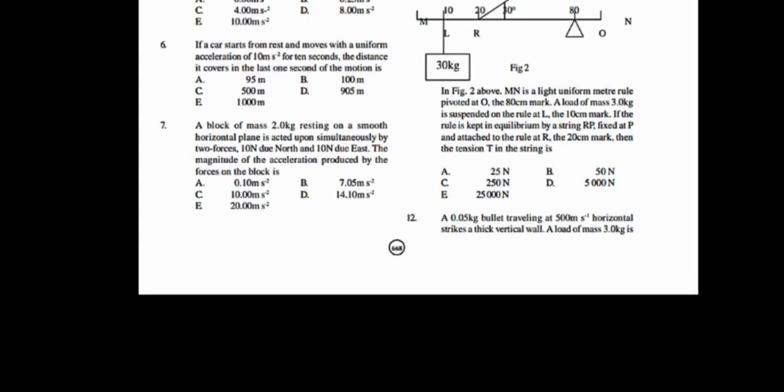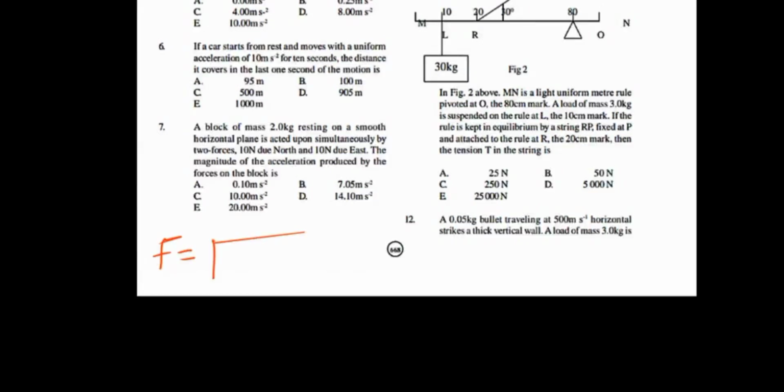Yes. So now the question also says that a block of mass 2 kg resting on a smooth horizontal surface is acted on by this force. The magnitude of the acceleration produced by the force on the block is what? So we are going to be looking for the acceleration.